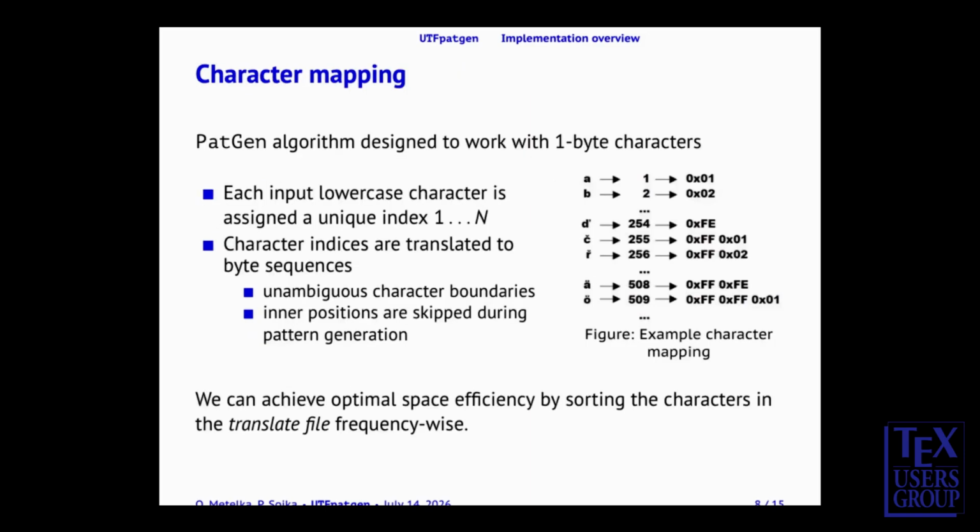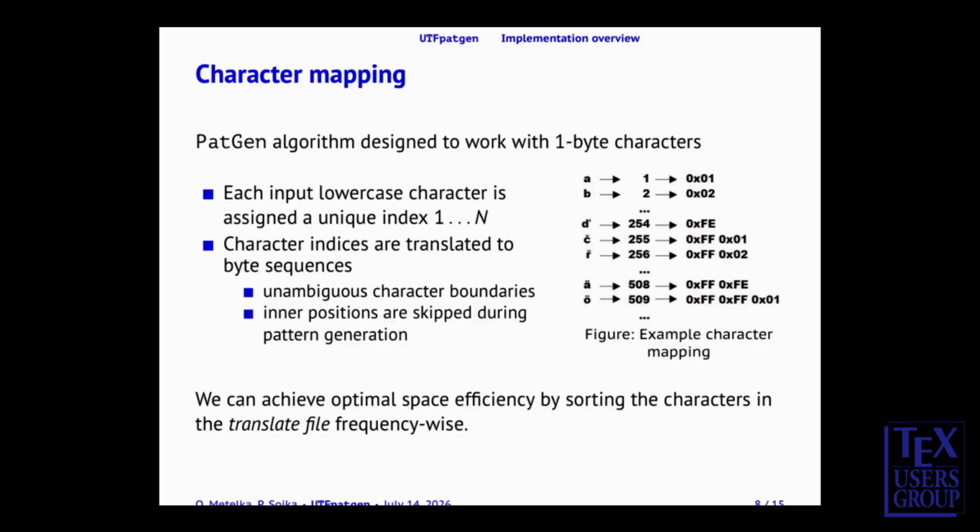Let me now talk about the character mapping, which was the biggest adjustment we did to the PatGen algorithm. We faced the challenge that the algorithm was designed to work with just single byte characters, which would leave us with only 256 distinct characters in the input alphabet.